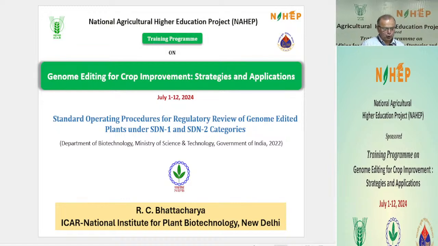So in this session, the purpose is to tell you about the regulatory framework that has been notified to handle genome edited plants in India, and all the procedures or protocols that one has to follow are decided by the Department of Biotechnology, Ministry of Science and Technology, and have been notified.